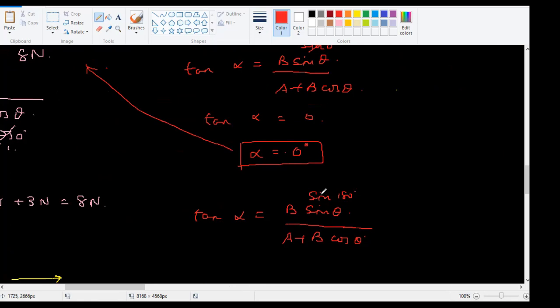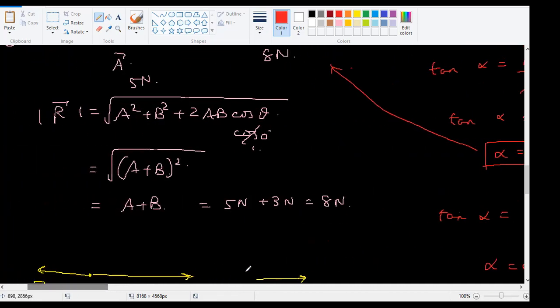So sin 180 is also 0. Cos 180 is minus 1. Sin 180 is 0. So 0 by anything is 0. So alpha will become 0 again. So that means the resultant is along the straight line here. Okay, so that's the meaning of this.